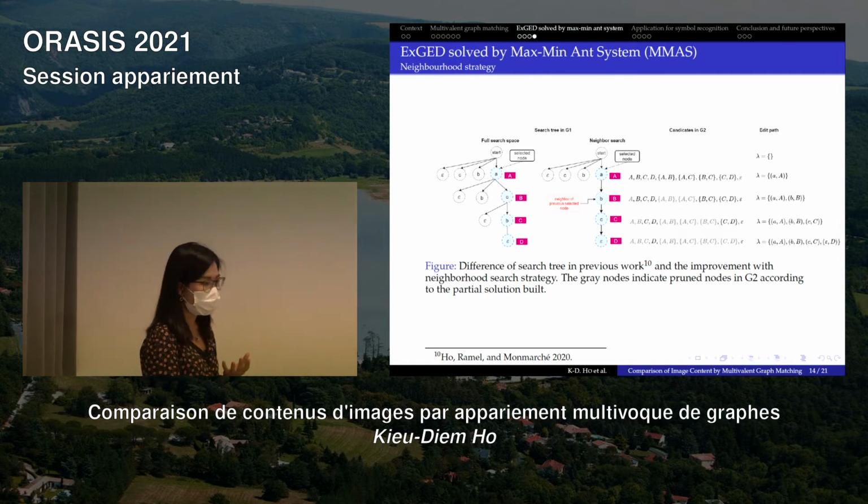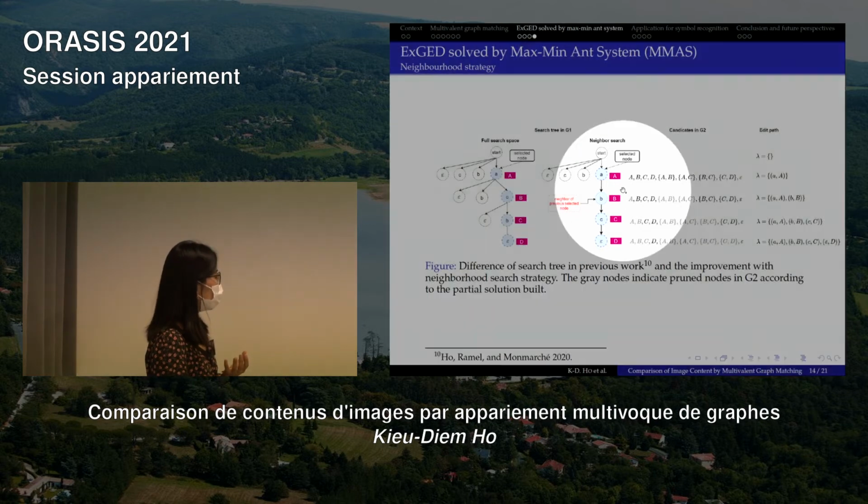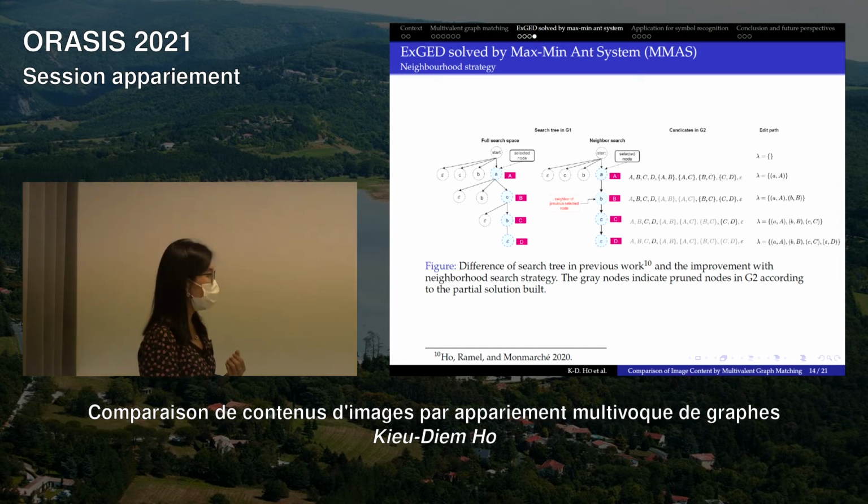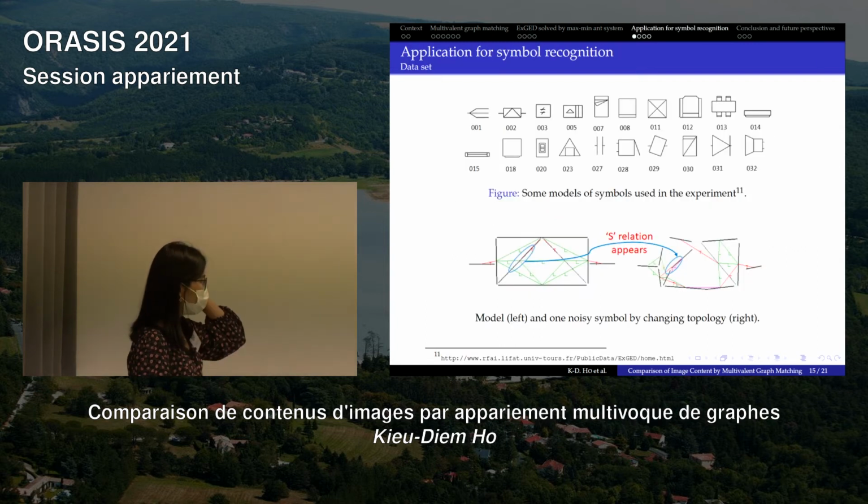So in that way, I can reduce the search space, and it will reduce the computational time. However, you can lose a good candidate. It means that you can have lower solution quality.